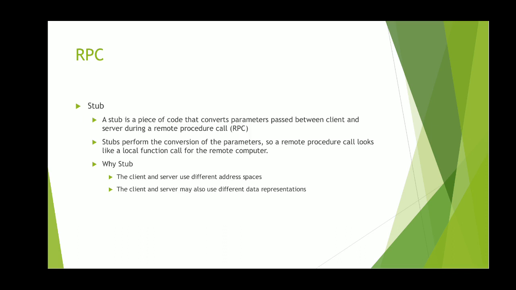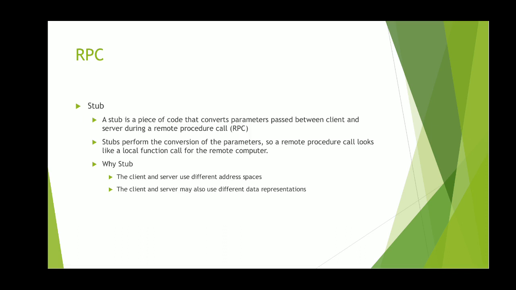In such cases the stub helps to process the data, or convert this pointer data into real data, and this is achieved using the client stub and server stub. Here the client stub and server stub do the necessary data conversion for the remote procedure call. So the applications in the server and client need not worry about the data conversion procedure, and they can treat this remote procedure call more like a local function call.